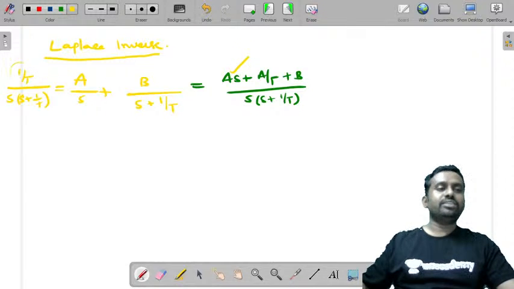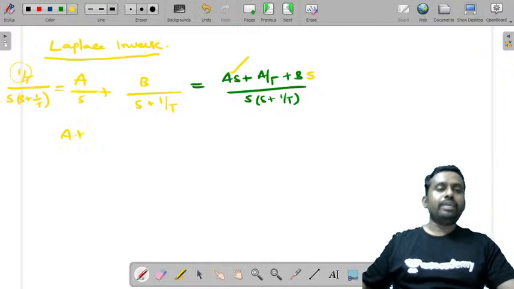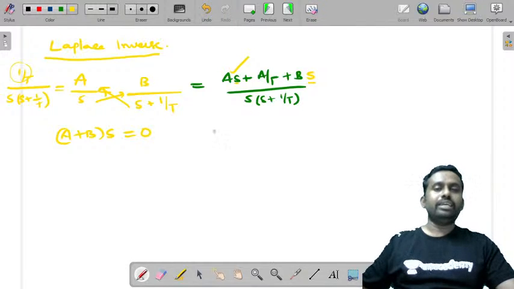Do you have any s term in it? No. So if you take LCM, B into s and A into s, so A plus B is the coefficient of s. That is equal to 0 because you don't have any s term here, and A by T is equal to 1 by T, which implies A is equal to 1.